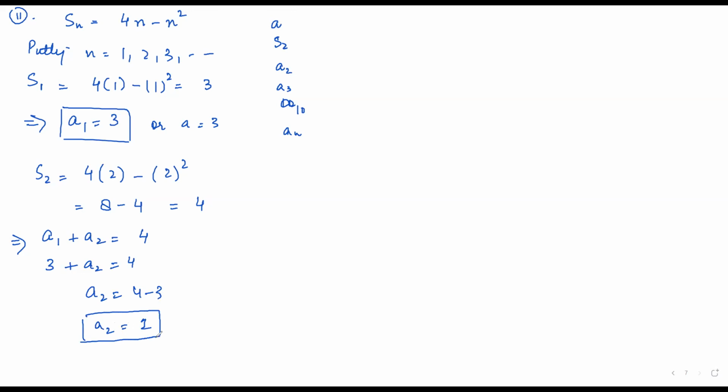Okay. Next, similarly find the third, the 10th and the nth term. Now how will I find my third term? One thing is that again you write S3, right? Can you explain how a1 is 3? The sum of one term is 3.